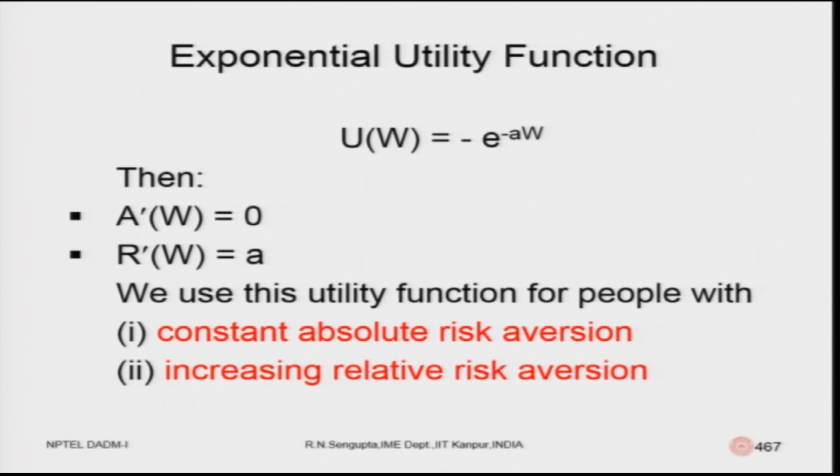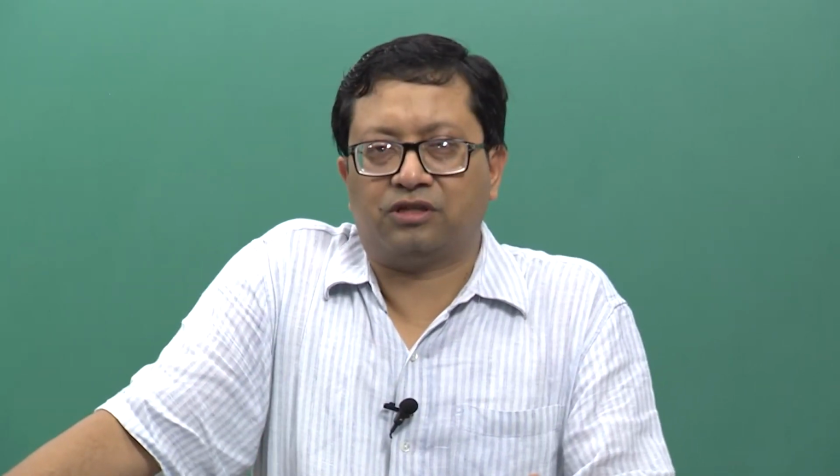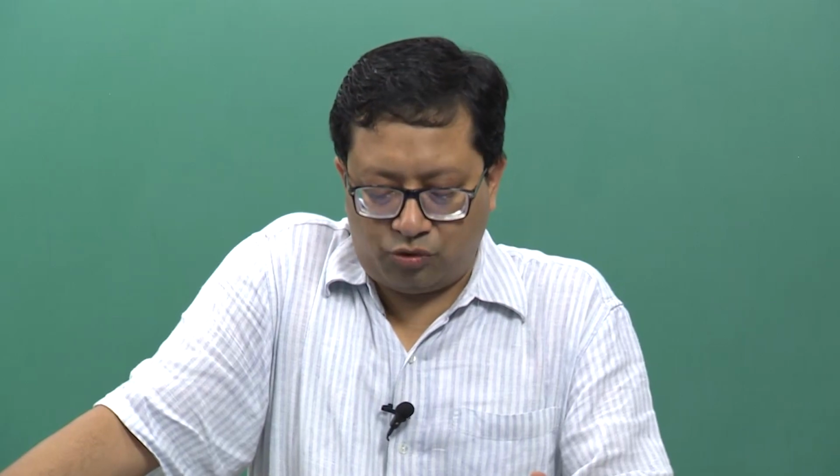If you calculate it, you will find, given A and R, the A value is minus U double prime by U prime, and the R value is minus W into U double prime divided by U prime. You can find the derivative of A and the derivative of R.